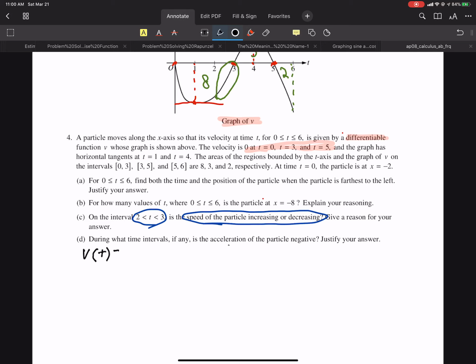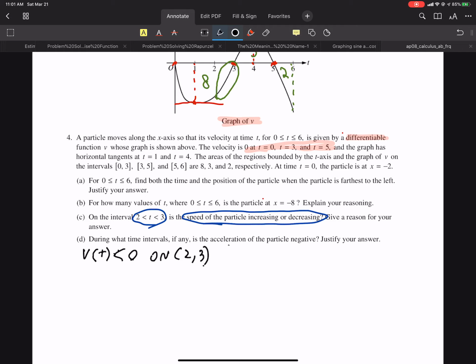V of t is negative on the interval from 2 to 3. Let's just look at the graph. Clearly, since it crosses at 3, it's negative from 2 to 3. But how do we know about the acceleration?